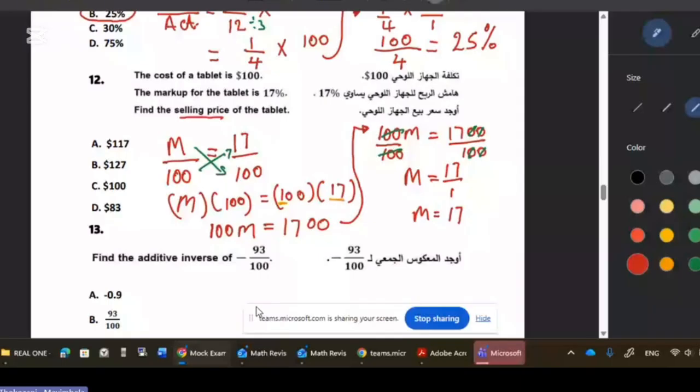It's going to be how much? 100 plus 17. What is the answer? $117. Do we have $117 in our multiple choice? Yes, A. The answer is going to be A.